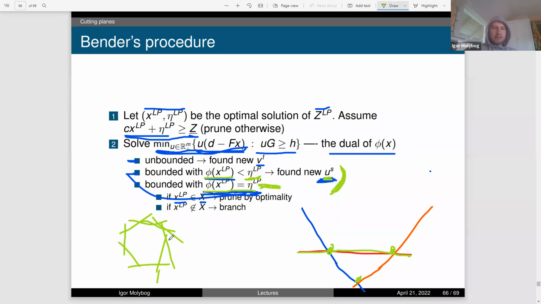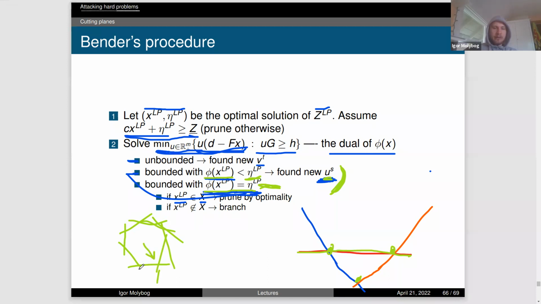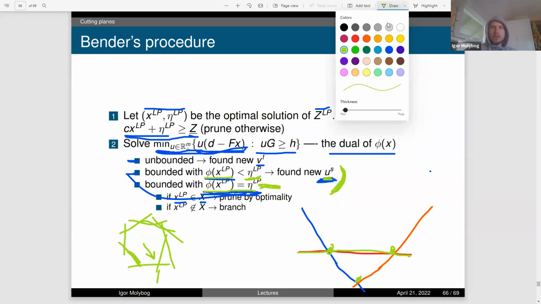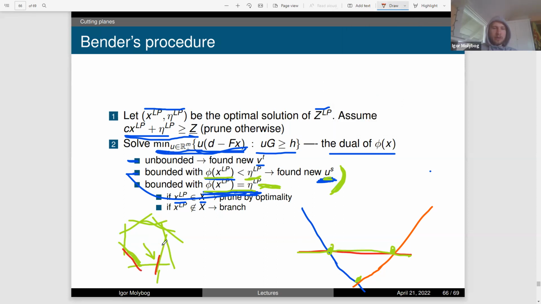For example, the direction is this one, and then you are discovering for yourself a sequence of valid inequalities. First you probably discover this one, and then this one, and then this one, and then this one.